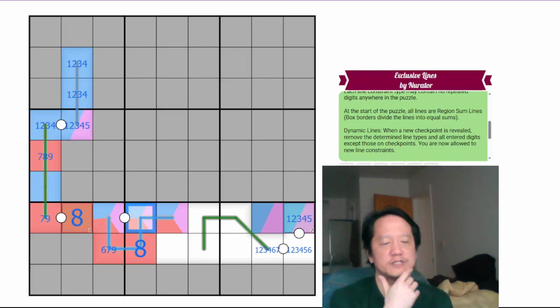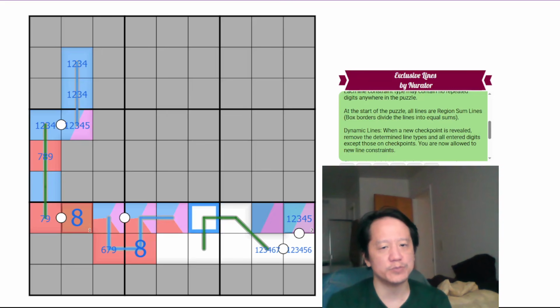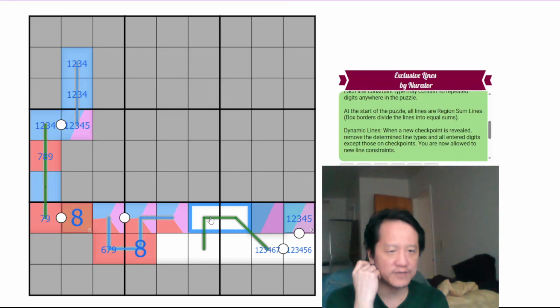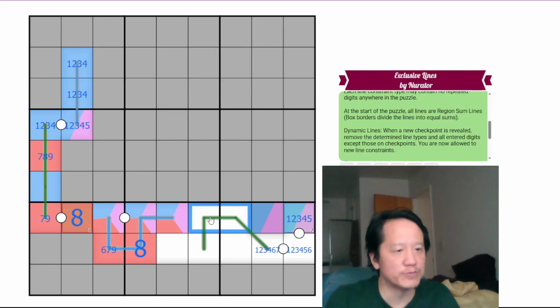And we have to have 6 somewhere on this region sum line. So 6 could be here. But 6 could also be... oh, we can't have 6 anywhere in the middle portions of this Whisper 5 line. Because if we did... where is 6 on this Whisper 5 line?